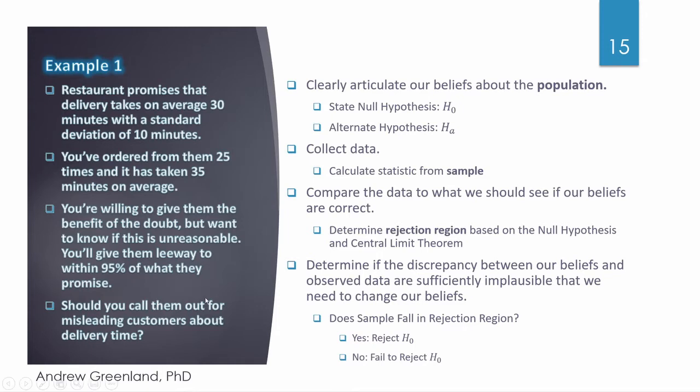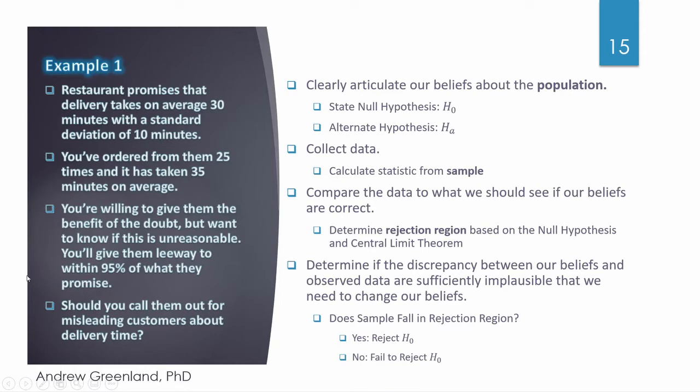I'm willing to give them the benefit of the doubt, but the more pieces of information I have, 25, 30, 40, 50 times that I order, the more the discrepancy between the 30 minutes they promise and the 35 minutes I actually observe gives me some belief that they might actually be just lying and misleading people about how long it would take. So I'm going to make some rule here that's going to say how likely I am to believe them.